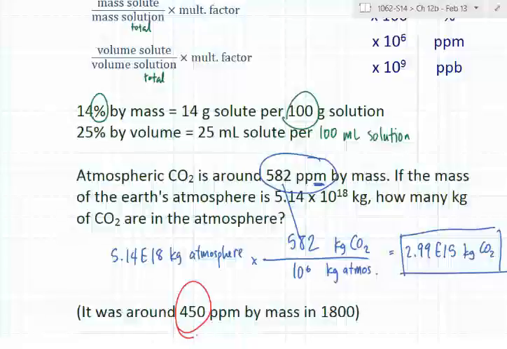How do we know what the ppm of CO2 was in 1800? Anybody know where that comes from? They didn't have CO2 probes back in 1800. In fact, we've only been able to measure CO2 in the atmosphere for 20 or 30 years or so. Yeah, they use ice cores for the range of 50 to 500 years or so, or even longer.